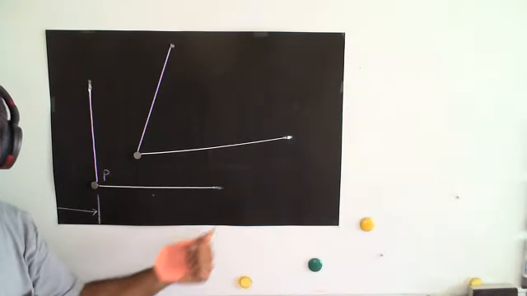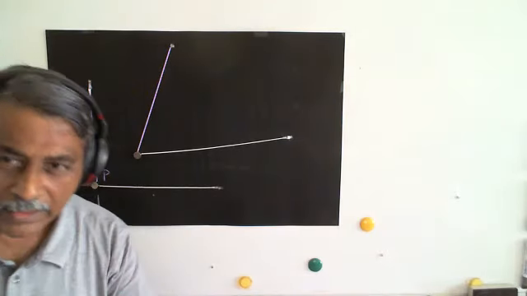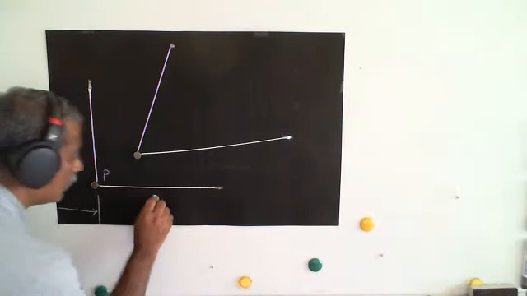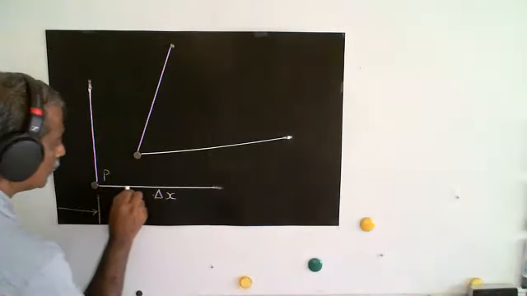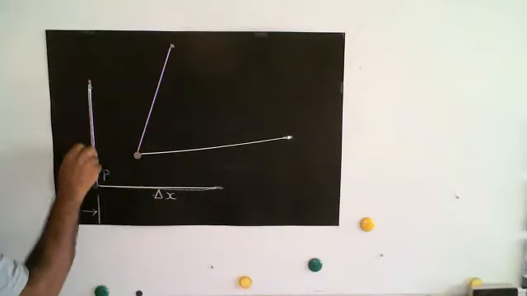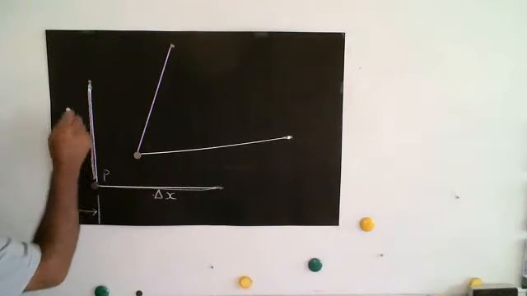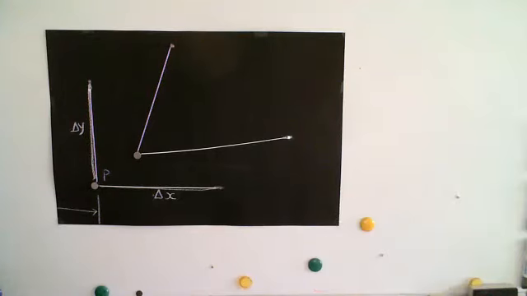1 unit. Not 1 unit, but it is so small that I take delta x. So this is delta x. Similarly here, since I'm tracking two-dimensional, this is delta y. So far, okay?